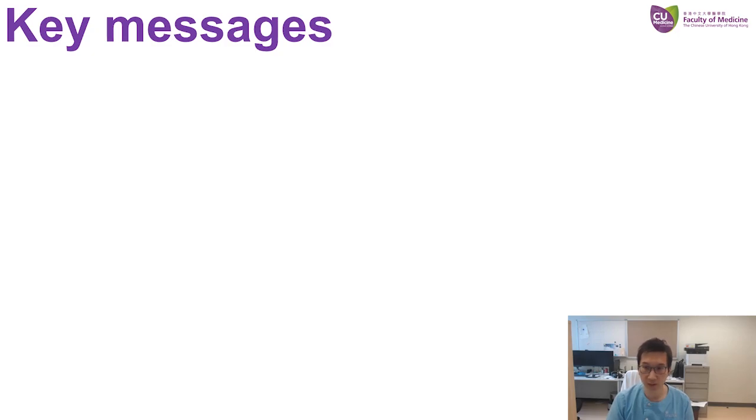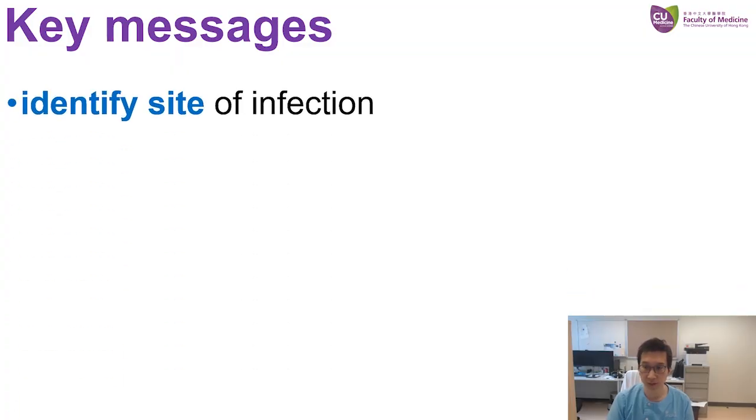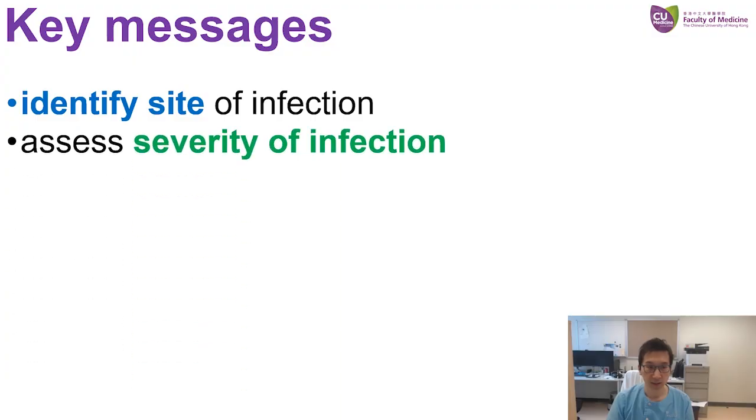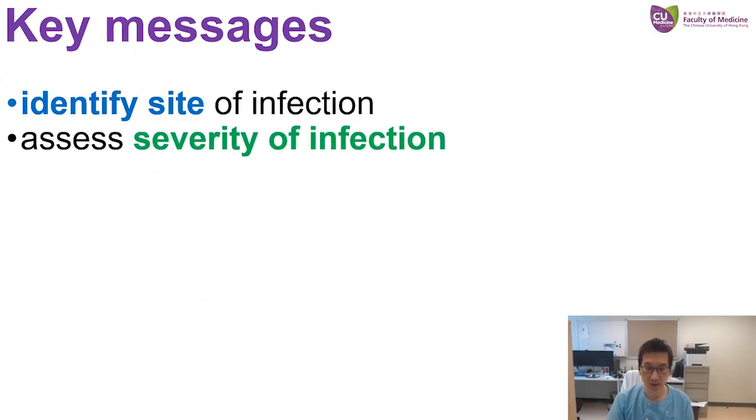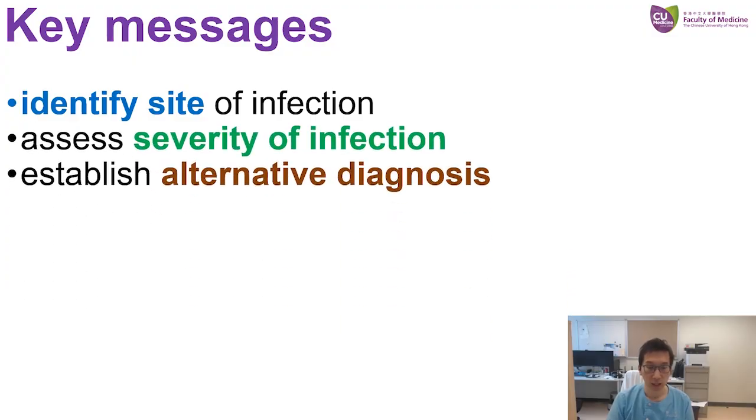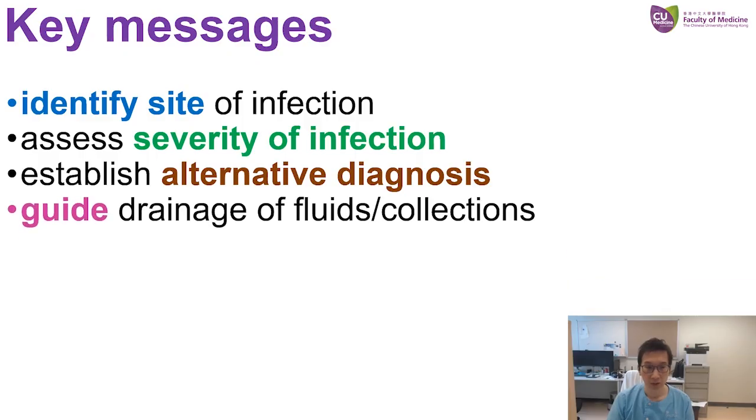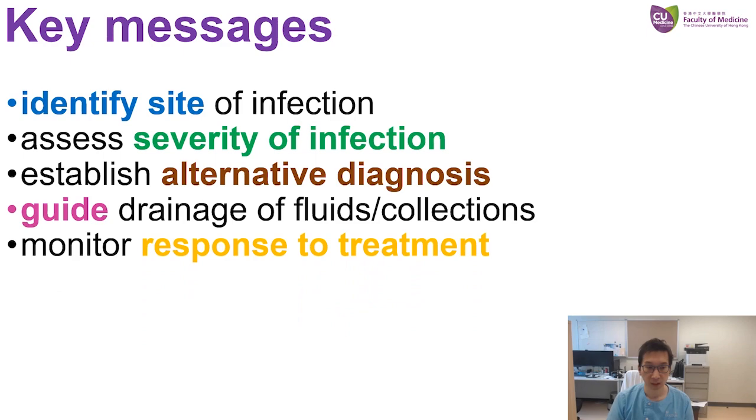So we've come to the end of this talk, and I'd like to provide you with some key messages that we've discussed today. Number one, the role of radiology is to help us identify the site of infection. And second is to assess the severity and extent of this infection, to help us also establish alternative diagnoses whilst we're treating someone with suspected sepsis, such as pulmonary embolism or acute pancreatitis, to help guide drainage of fluid collections and also abscesses, and to help us monitor the response to treatment, such as the resolution of infiltrates, abscess size or extension.